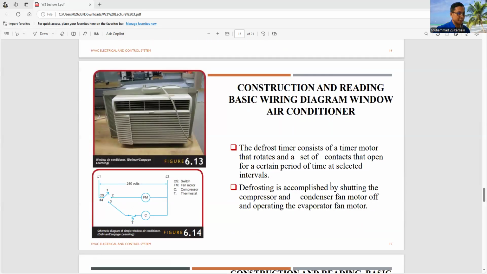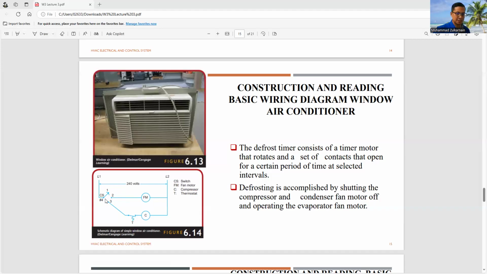Construction and reading basic wiring diagram of window air conditioners. This one is another example of a circuit. This is the wiring system of a window air conditioner. So actually, they designed it by this schematic. We have one sensor here, so we will operate only one condition of the operation. Once the sensor operates number two and number one, then it will operate the fan.